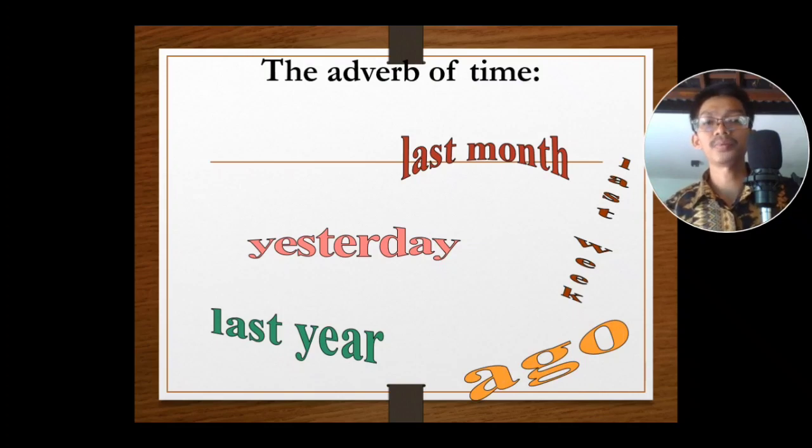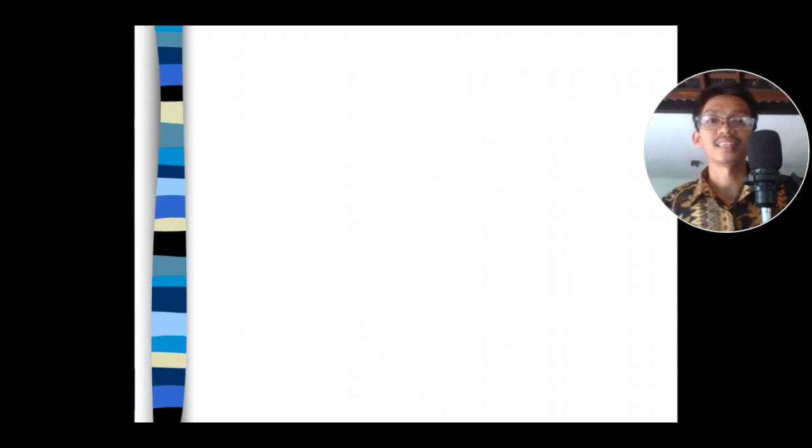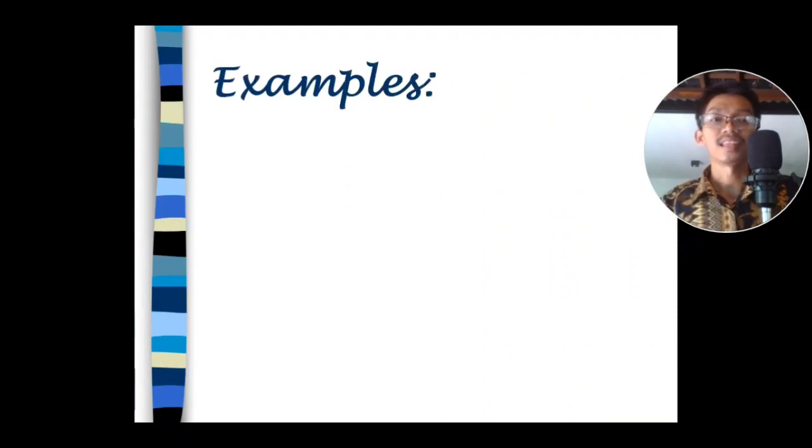For example, a month ago, 2 weeks ago, a day ago. We can also use a specific time, for example, a year that refers to the past, in 1980, in 1945, in 1960, like that.